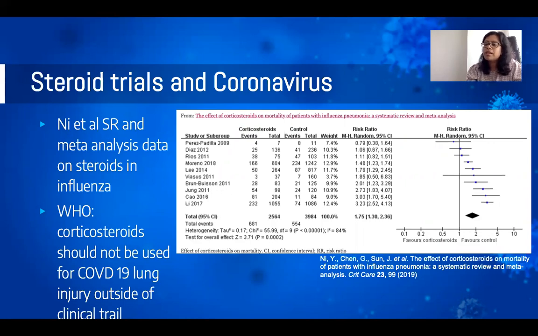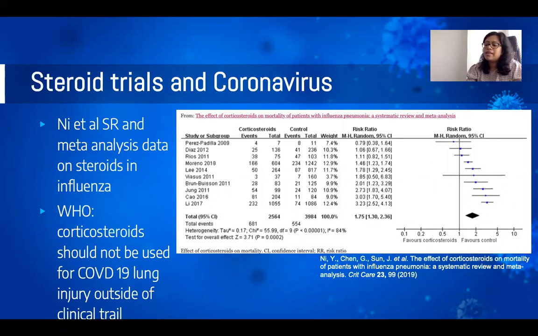The left column lists all the studies, and the other columns show the events such as deaths in the corticosteroid and control arms of the studies. The black diamond at the bottom indicates the overall estimates from the meta-analysis. So in the influenza patients who were given steroids, there was a 1.75 times higher likelihood of dying than those who didn't receive steroids.